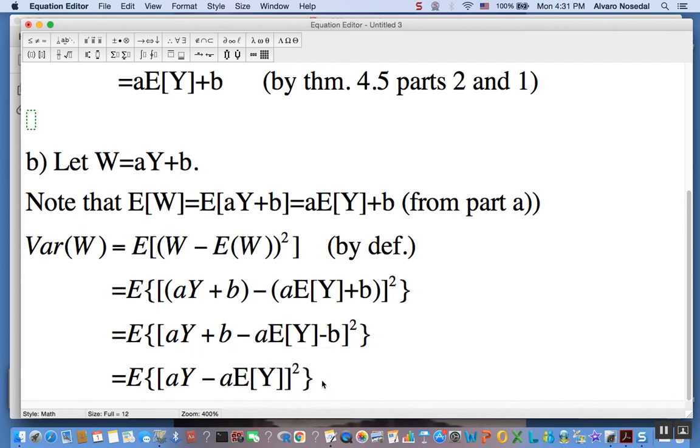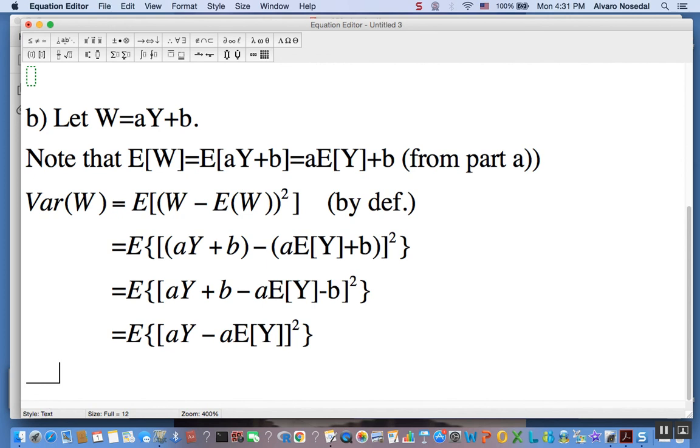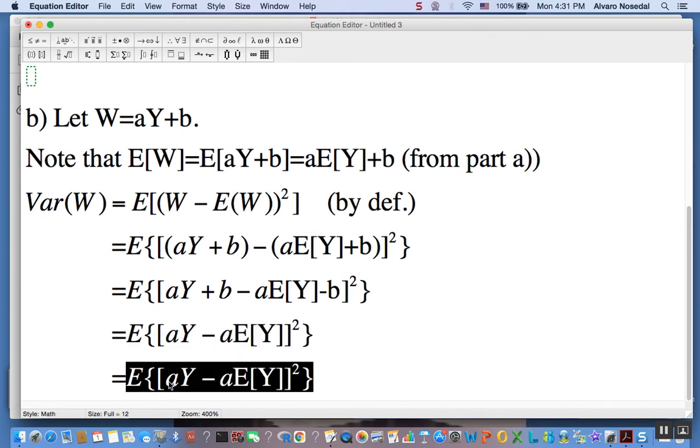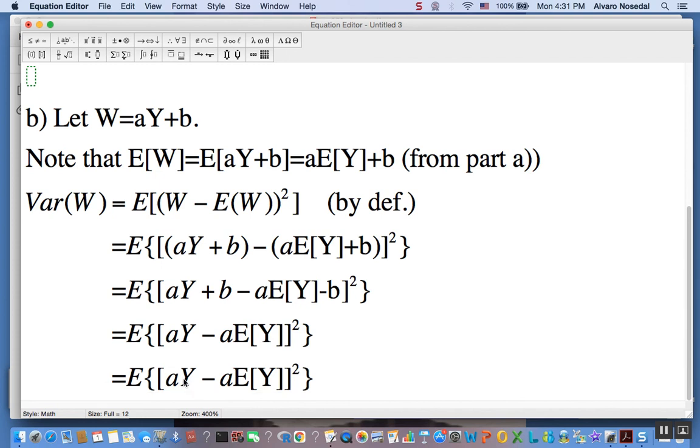Anyway, as I was saying, we can factor out that a, so that's the same as this. This would be a times Y, and this would be a times minus the expected value of Y, and we still have that squared.